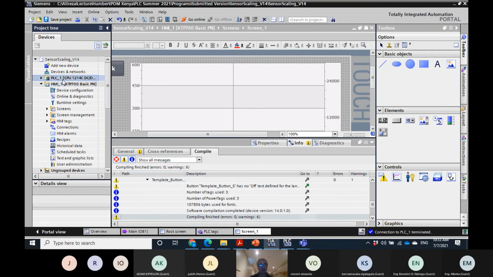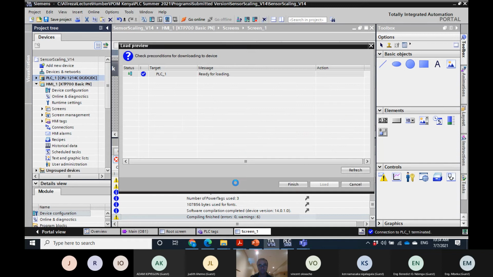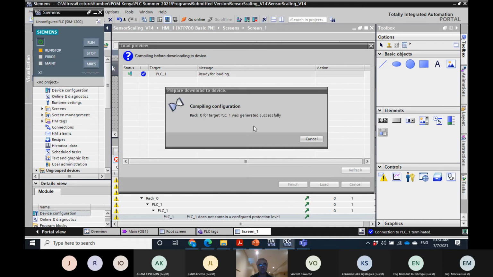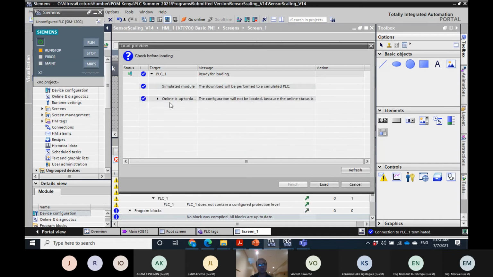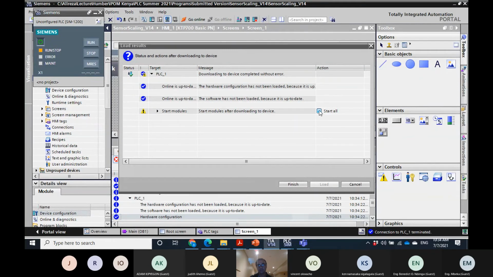Okay, so one by one, simulate the PLC first. Instead of downloading, just click on simulate. Okay, PLC simulator opens, and then load, and start.